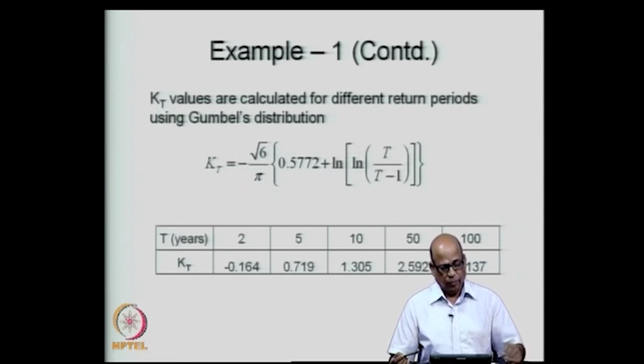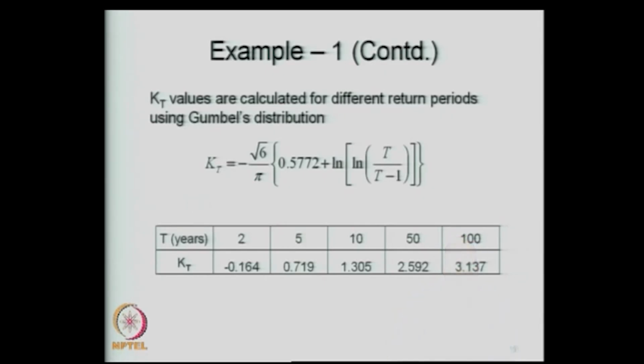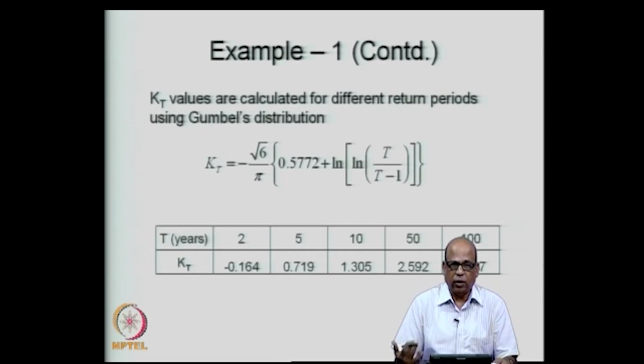and we use the Gumbel's distribution and obtain the associated KT values for various values of T, that is the return period. Now, although directly I have used the Gumbel's distribution in this case, you may carry out statistical tests like the chi-square test or the Kolmogorov-Smirnov test to satisfy yourself that the distribution in fact fits all the duration rainfall.